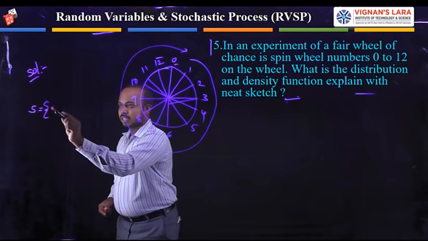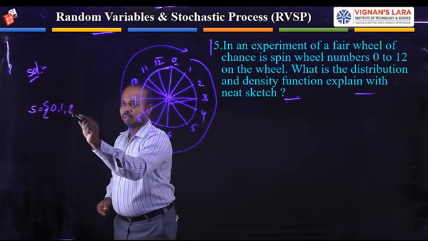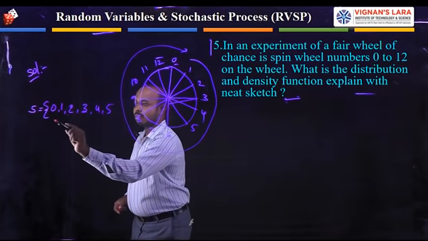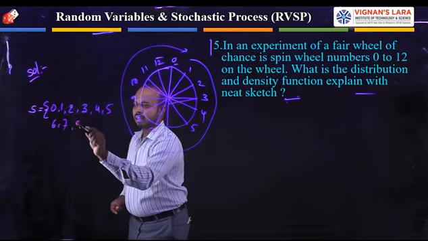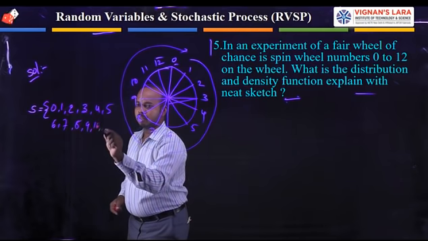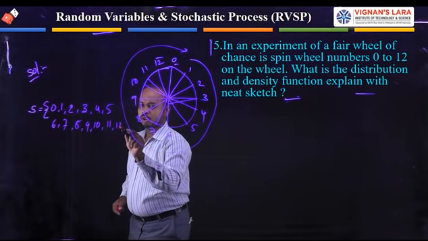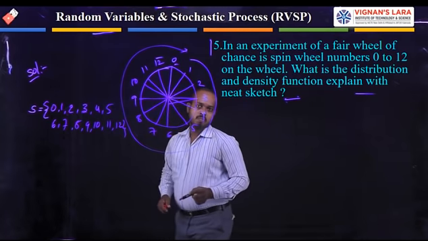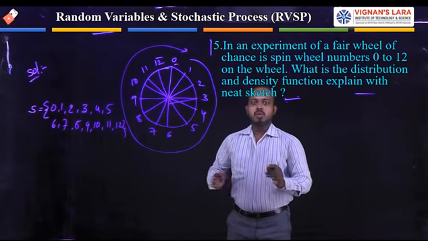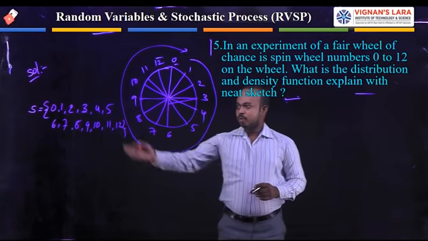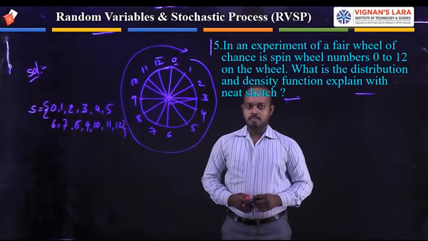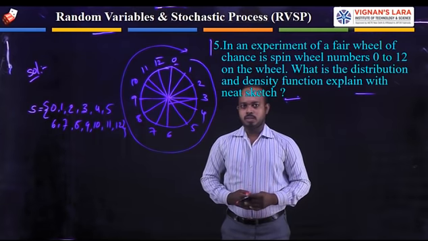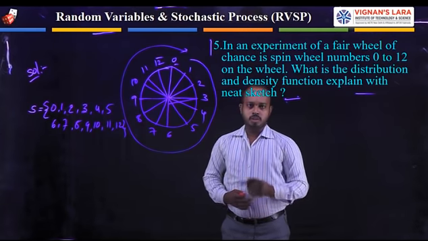Those outcomes are 0, 1, 2, 3, 4, 5, 6, 7, 8, 9, 10, 11, 12. These are all the outcomes. Each outcome has a unique representation. At a time only one value is obtained, but according to the given data we need to plot the probability density function.